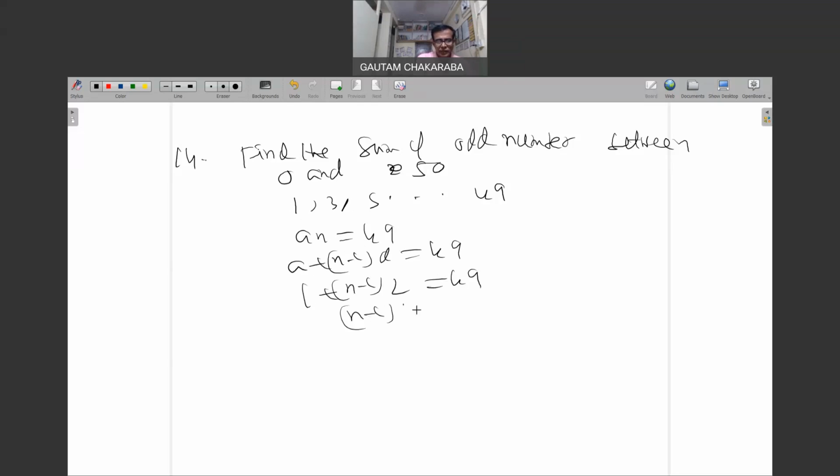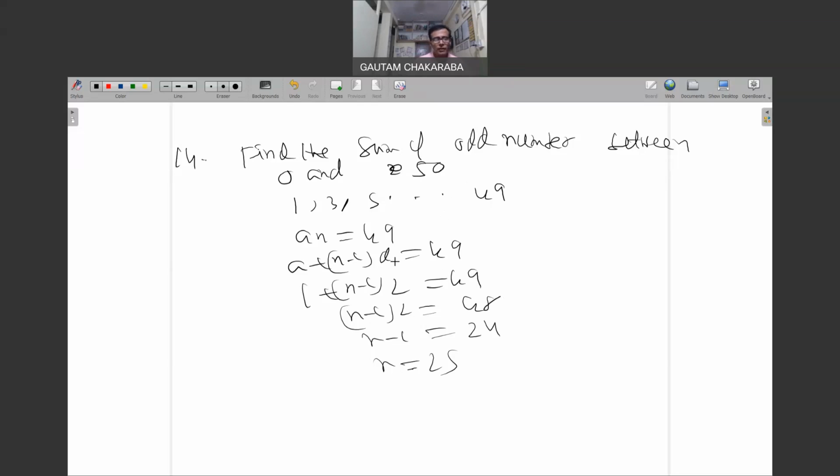So n minus 1 into 2 is equal to 48, n minus 1 is equal to 24, n is equal to 25. So from 0 to 49 the total number is 50, divided by 2, half odd, half even. So 25.